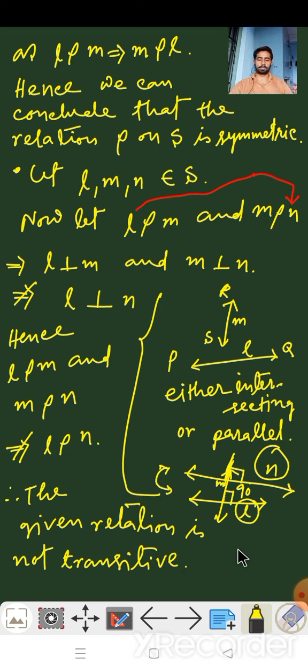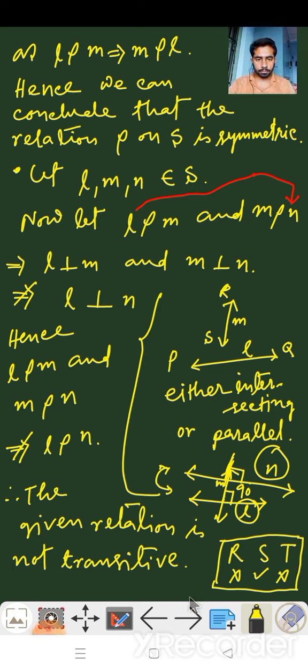So finally we get: it is not reflexive, it is symmetric, and it is not transitive. Therefore it is only a symmetric relation.